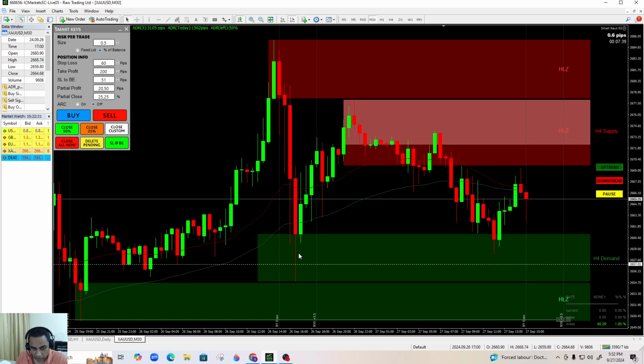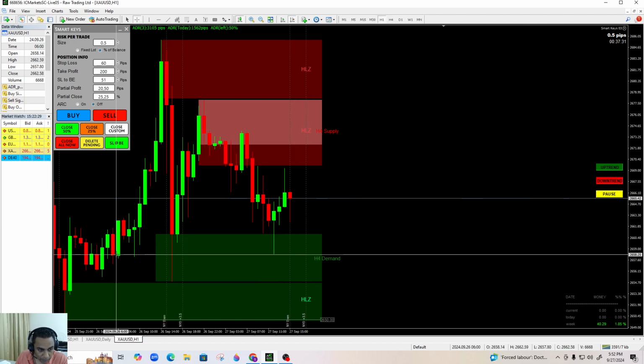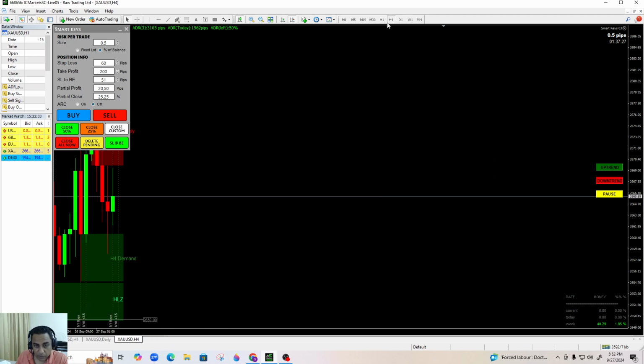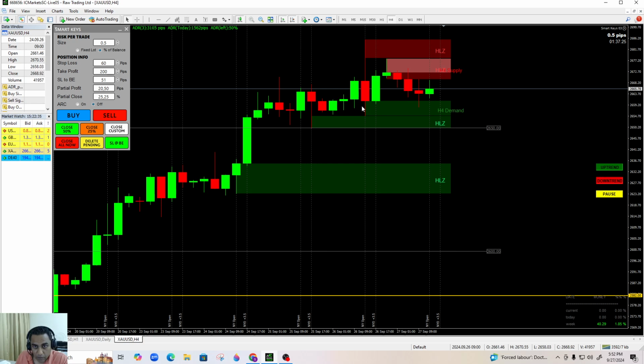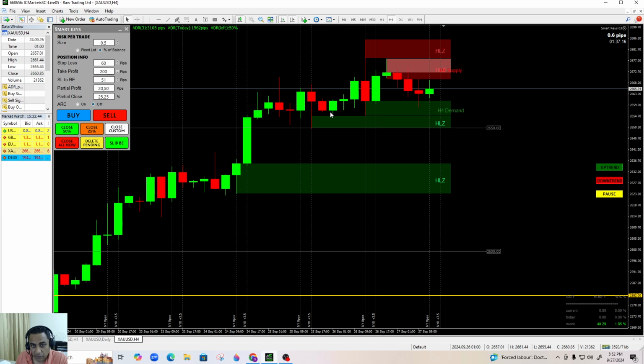So this one, there's a liquidity wick there that grabbed from that demand zone there. Price did come to this demand zone here that we had drawn yesterday, a drop and a rally.